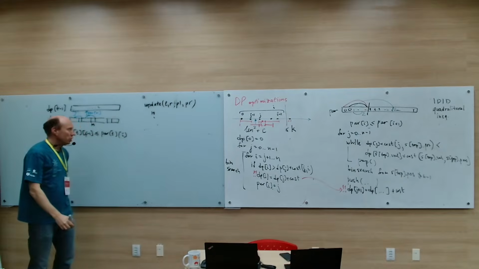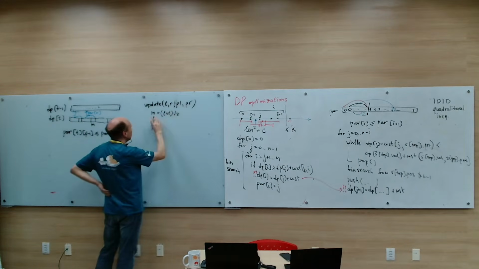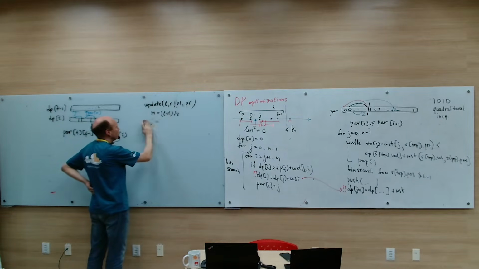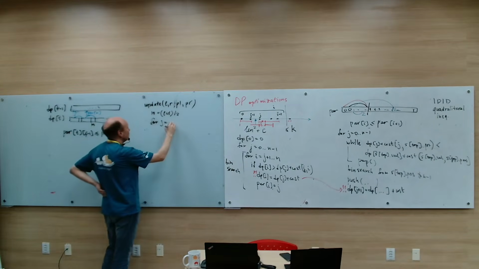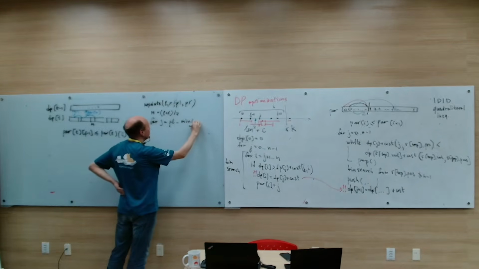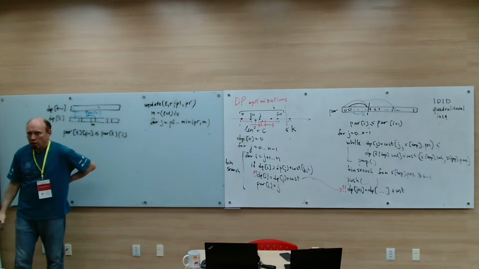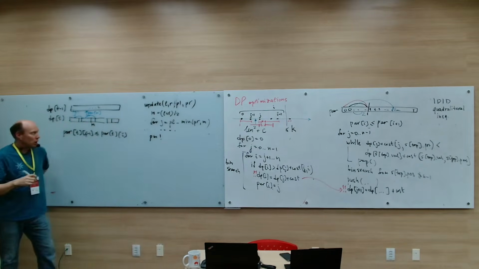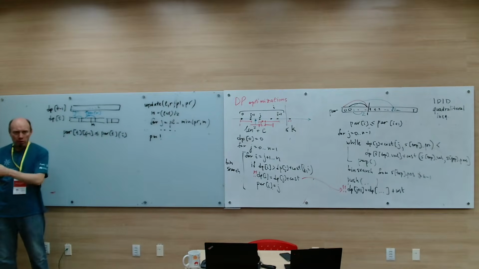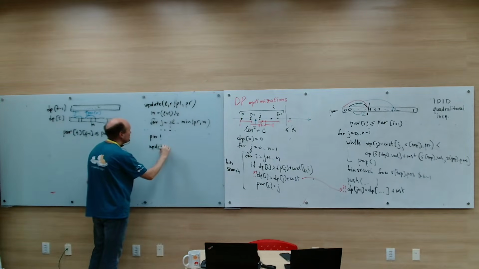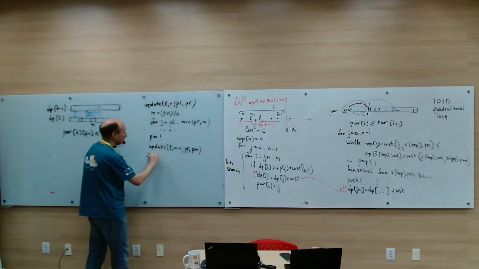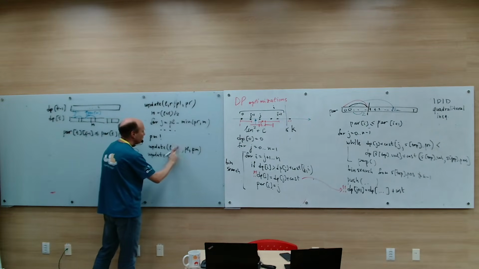We take M in the middle and find the parent: iterate J from parent left to minimum of parent right and M. This would be parent M. And now we make two recursive calls: left to M minus 1 with parent left and parent M, and M plus 1 to right with parent M and parent right.